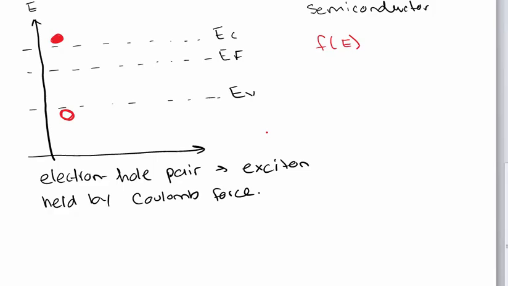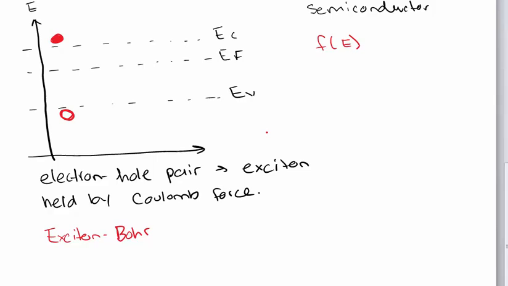And so we can calculate or measure here what's called the exciton Bohr radius. Now, of course, we know the Bohr radius from chapter 3 is the distance between an electron and a proton in a hydrogen atom.